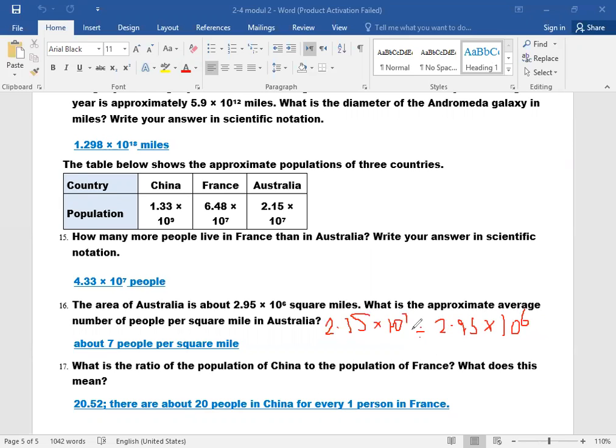We have two options. Here, this one was 7. If I want to make this one equal 6, we can move the decimal point 1 digit. It will be 21.5, right?